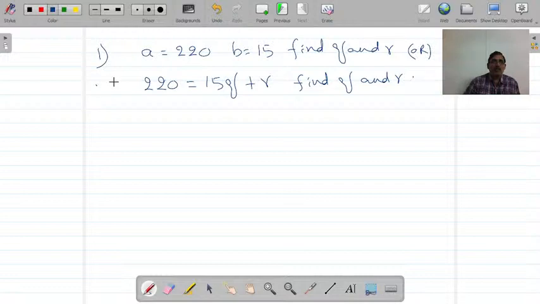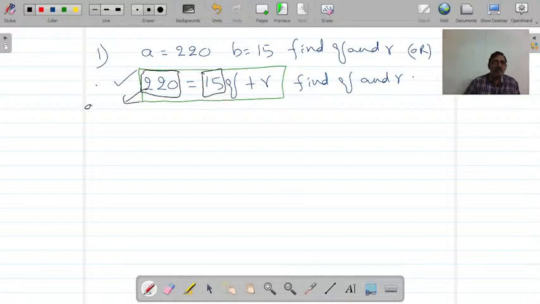Then how do we solve this? This is the way in which the question will be given. How are you going to solve this? As we discussed earlier, it is a problem related with simple division. So this is divisor and this is dividend.